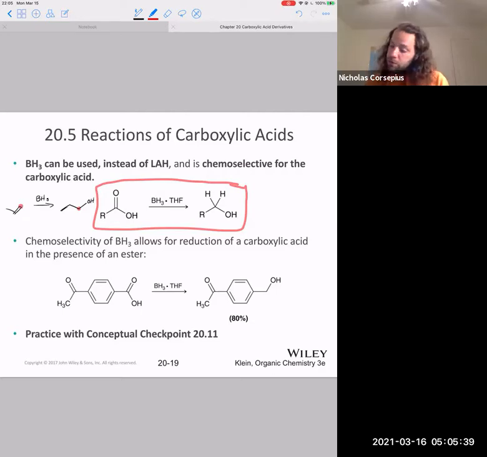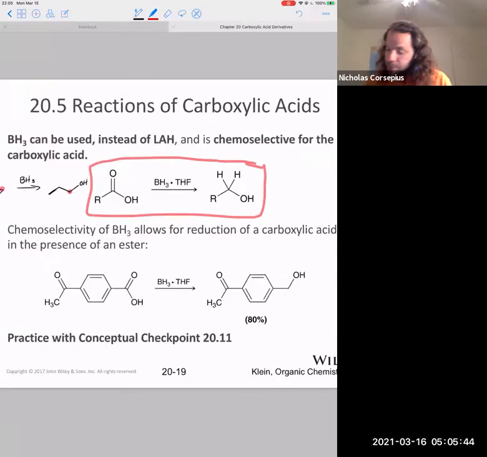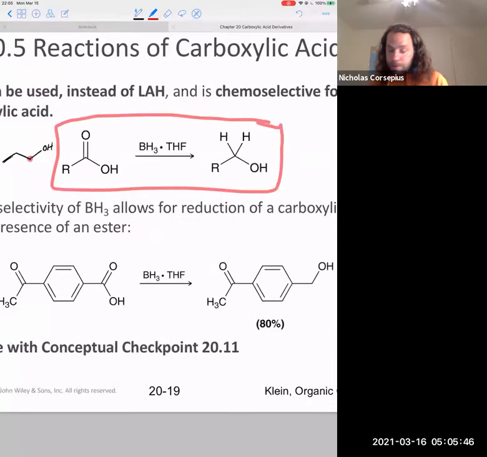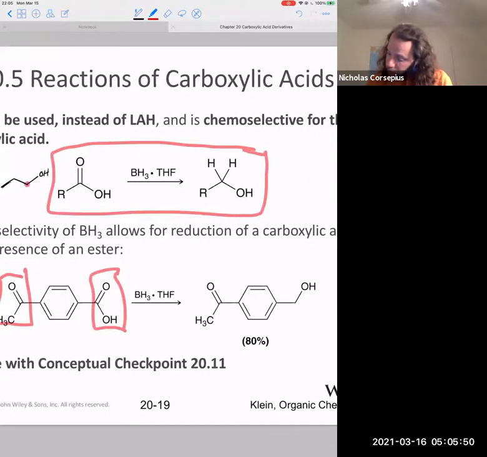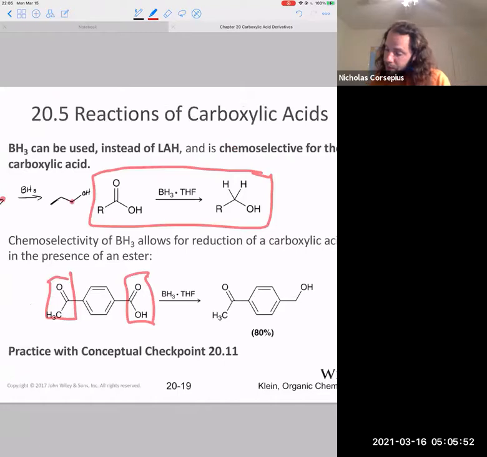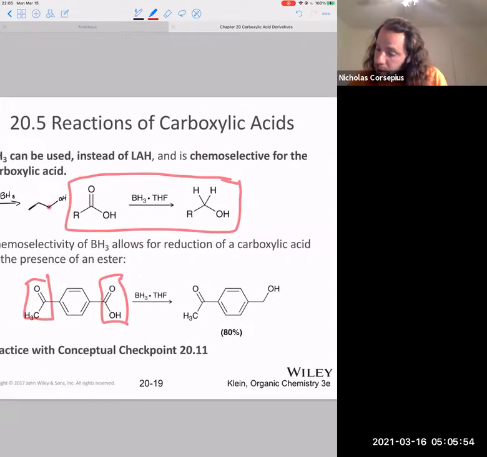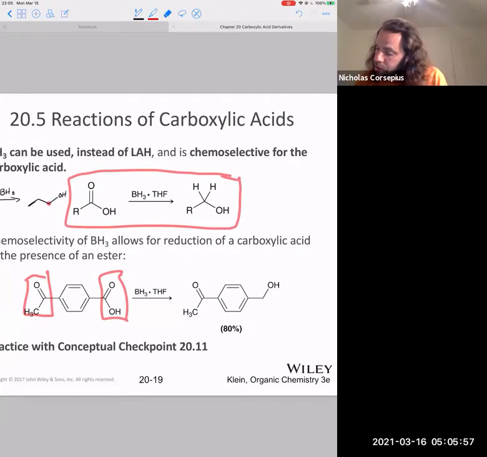It will only reduce that carboxylic acid group. So if we take a compound like this that has mixed functional groups, we have our aldehyde over here and our carboxylic acid over here. If we hit it with our borane in THF, we get only reduction of that carboxylic acid group, okay?